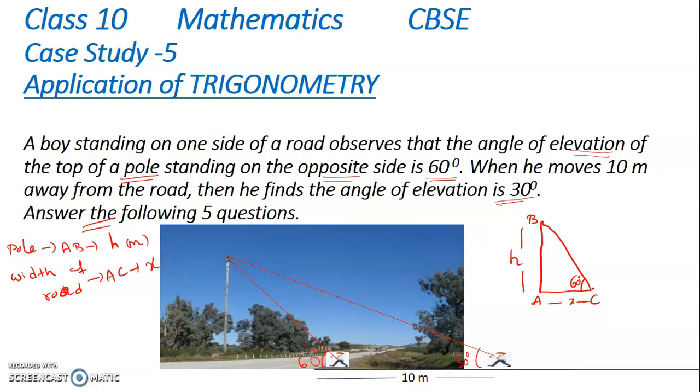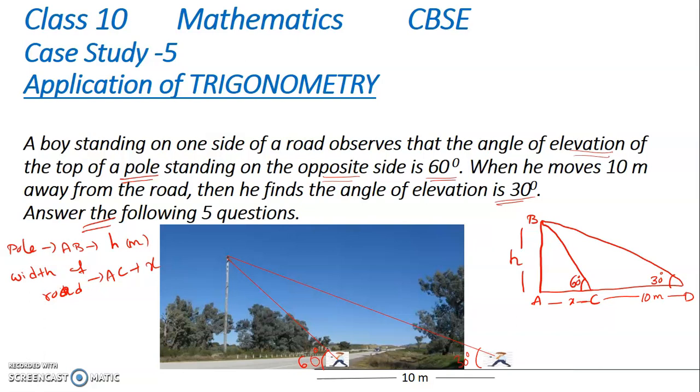AC is the road, and he is moving 10 meters away. Name this point D. From the point D he observes the top of the pole again, and the angle of elevation is 30 degrees. Here to here the distance is 10 meters. We have to use the given conditions and solve it.